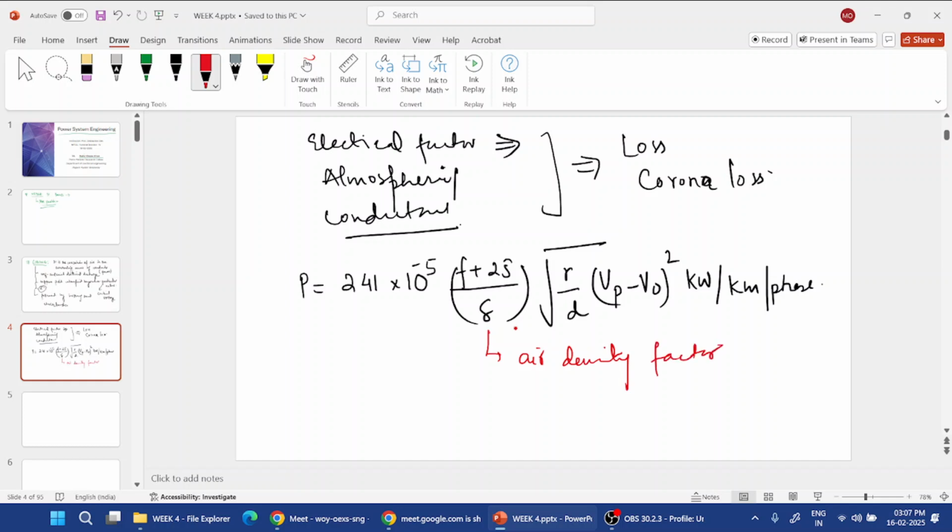Vp is the operating voltage and Vo is the critical disruptive voltage whose value we are going to derive here. So you can see here it depends upon the air density factors, electrical factors, also upon the diameters and the radius and the distance between the conductors.